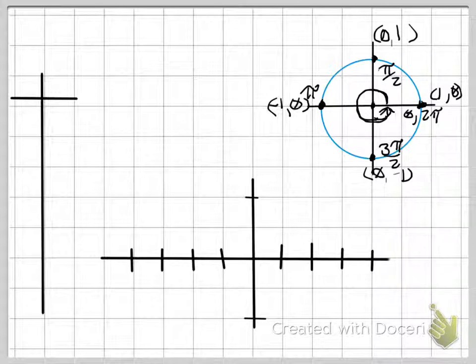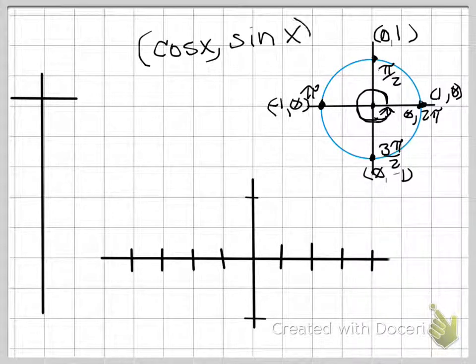So one of the special things about the unit circle is that the x value all around the unit circle for the ordered pairs is going to be cosine of whatever radian you're at or degree. And the right-hand side of that ordered pair would be the sine of that radian.